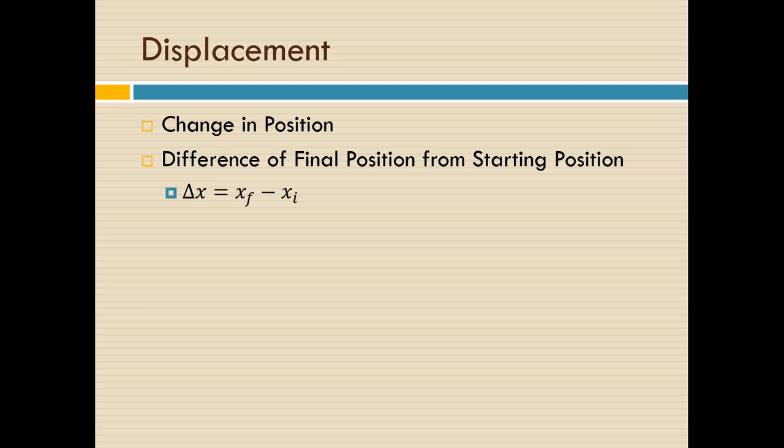If we're talking about on the 100-meter track, for example, okay, well, yeah. So we're going to define displacement as the change in position. It's the difference from the final position to the starting position. On a one-dimensional line, like a 100-meter track or something, real simple.